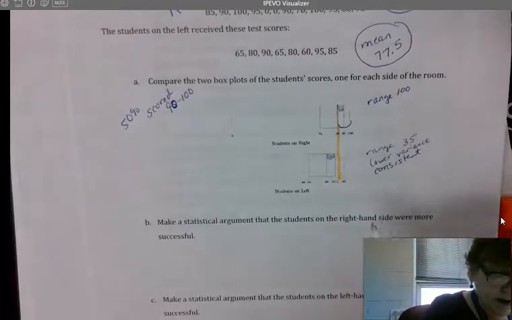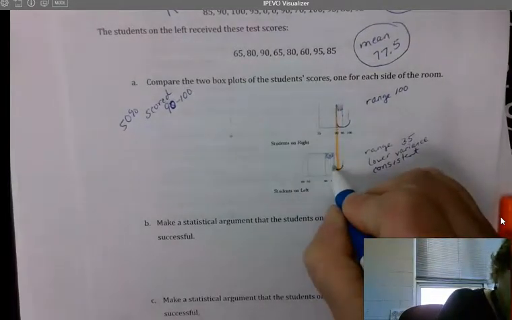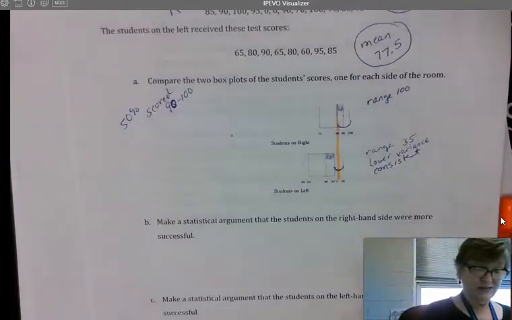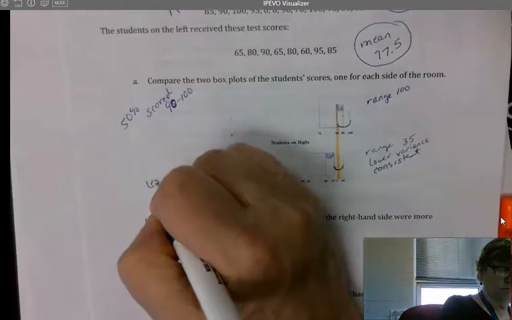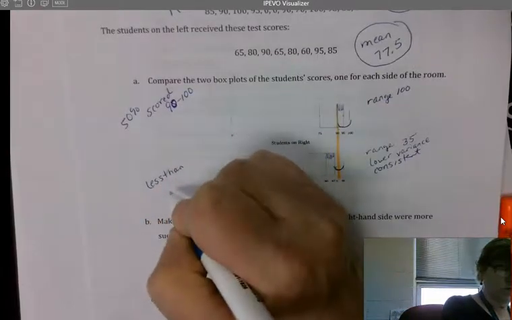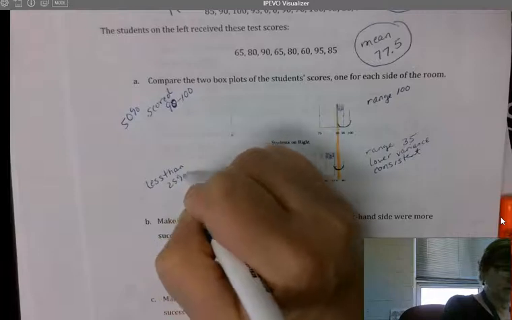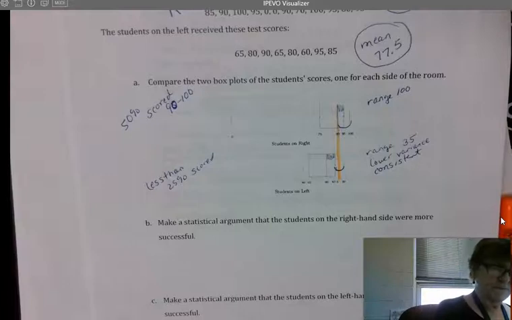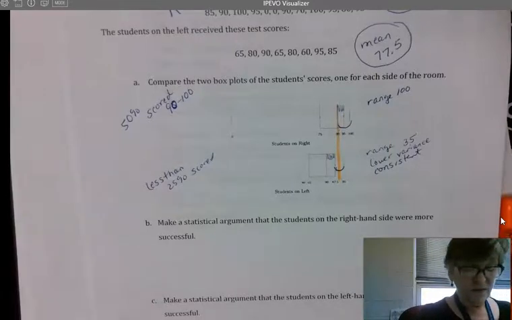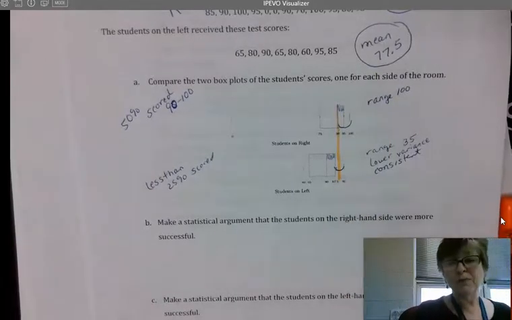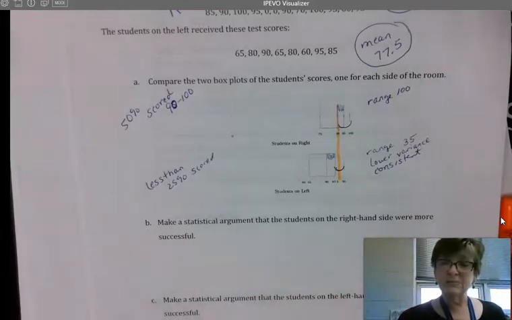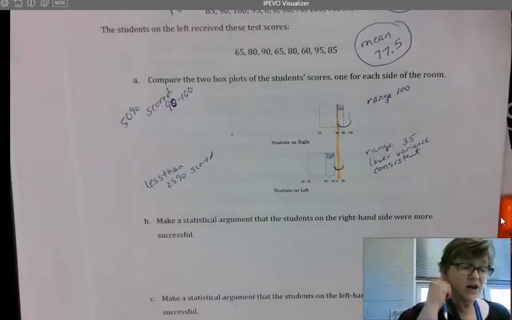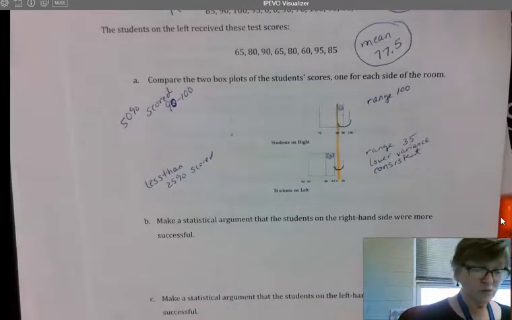But if you look down here, if this whole part right here, that means less than 25% scored from an 87. See, we're going to keep our data, we can estimate, but we need to keep it as accurate as possible because we're going to be making these statistical arguments in just a second as to which one was more successful.